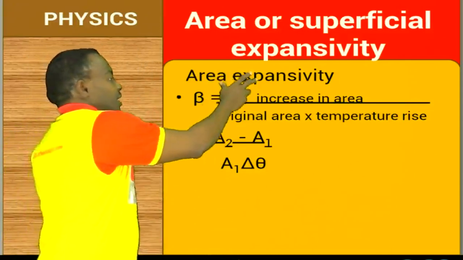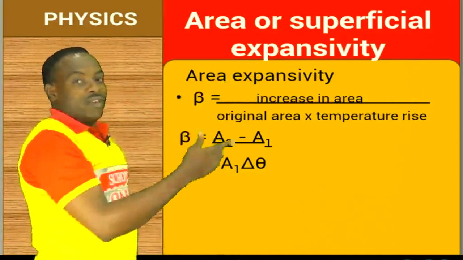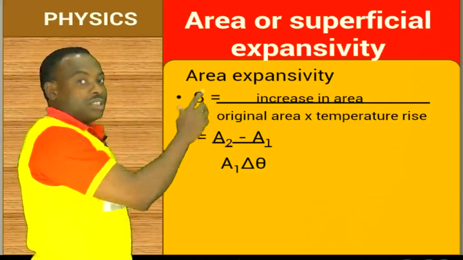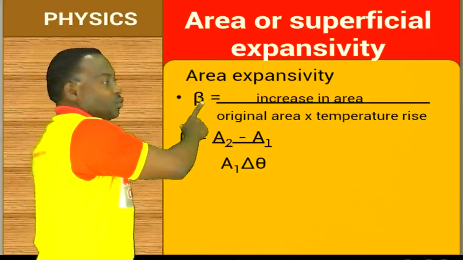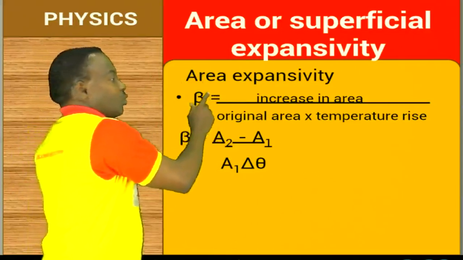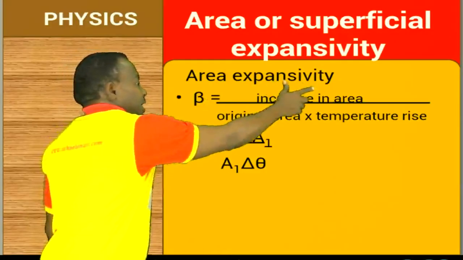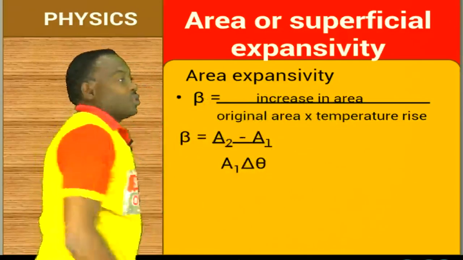We denote area expansivity in physics by beta. I said in the previous class that we denote linear expansivity with the symbol alpha, but in this case we denote area expansivity with the symbol beta. So area expansivity beta equals what? Increase in area all over the original area times temperature rise.